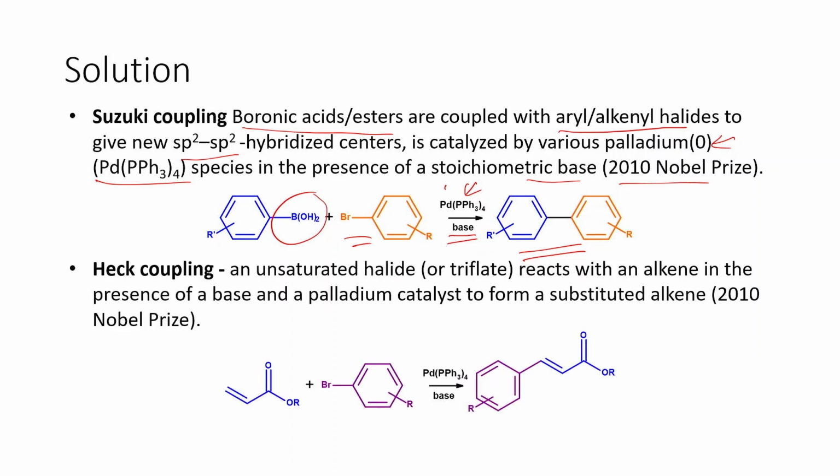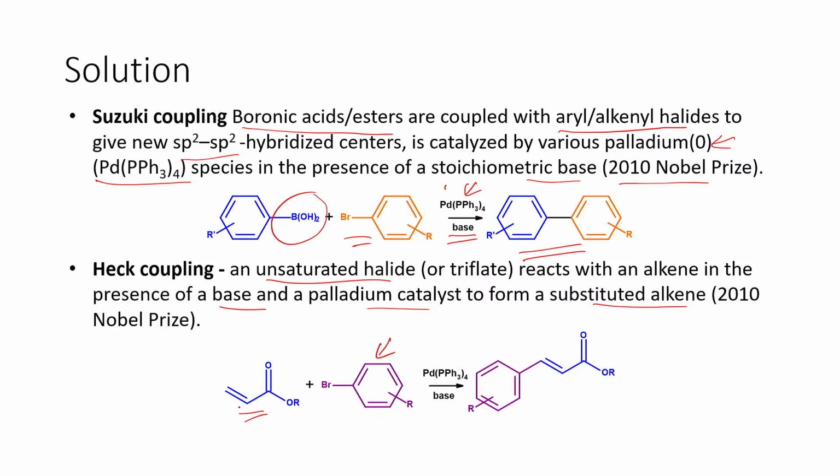The Heck coupling is a reaction in which an unsaturated halide or a triflate reacts with an alkene in the presence of a base and a palladium catalyst to give a substituted alkene. Here we have the unsaturated halide or triflate, where the aryl system has the halide unit, and we react this with an alkene.